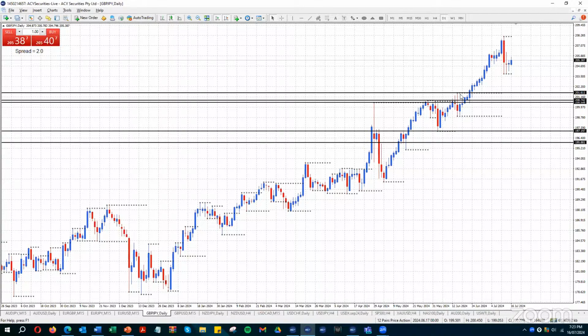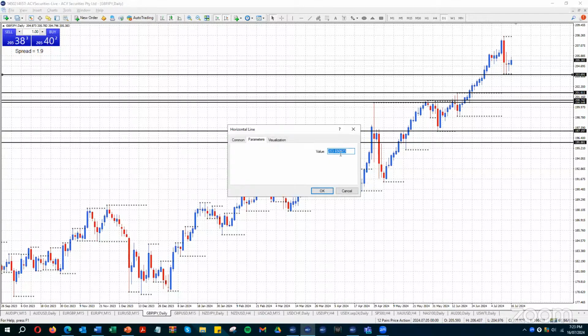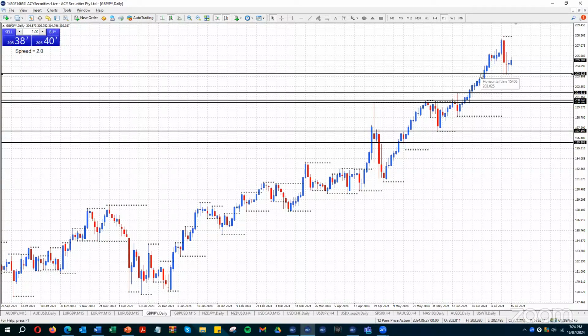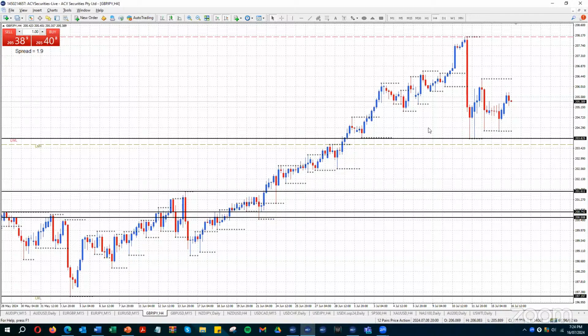Support at the moment is miles away, in terms of 201.61. There's this area here at the moment, 203.825. Of course, to move down to 201.61, we have to break that level. So this is the level to watch at the moment.